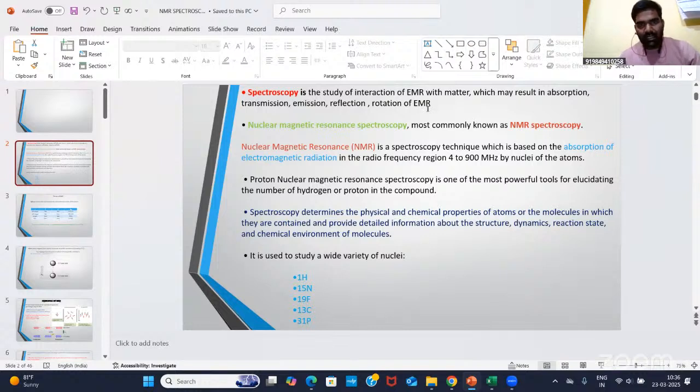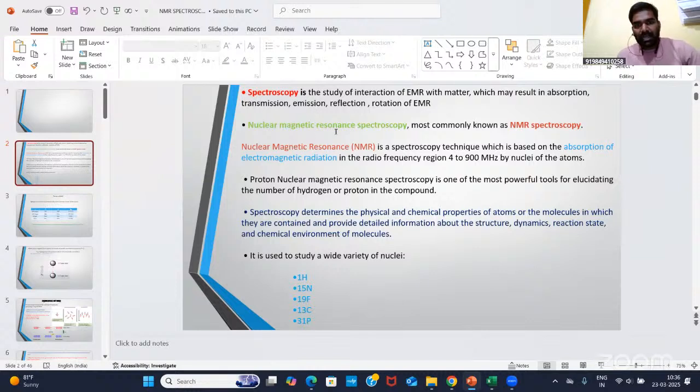Whenever electromagnetic radiation interacts with any sample, the sample may absorb it, transmit it, emit it, reflect it, or rotate it. The study of that is called spectroscopy.